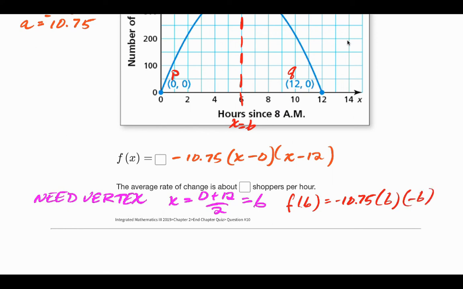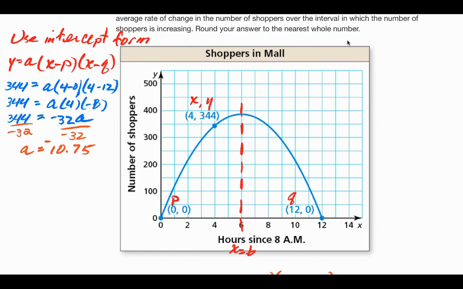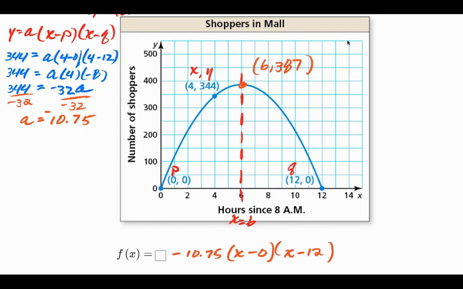And when you work that out, you'll get 387. And that should make sense for us because then our vertex here is at 6 and 387. And notice that our 387 is higher than 344. So that's good.